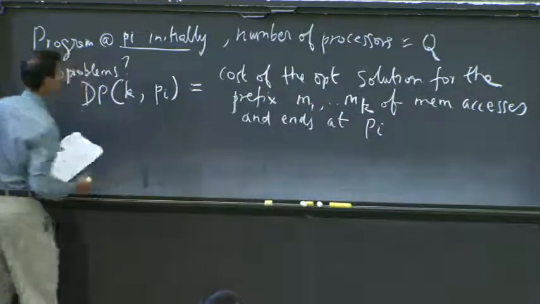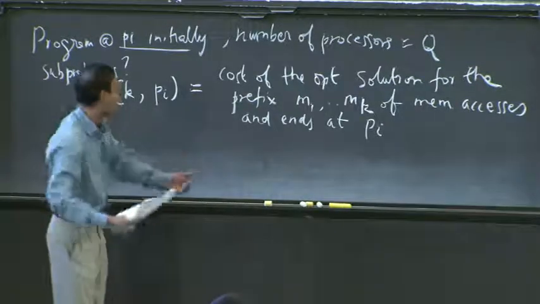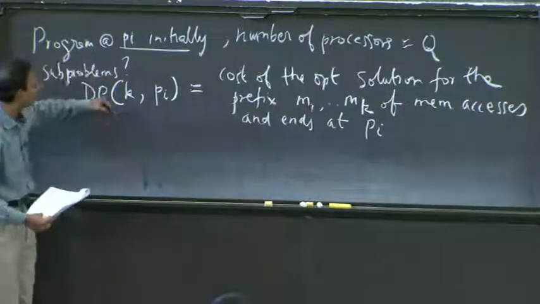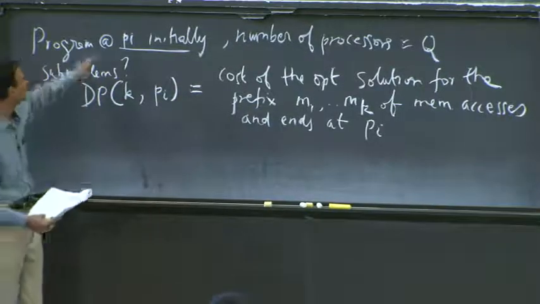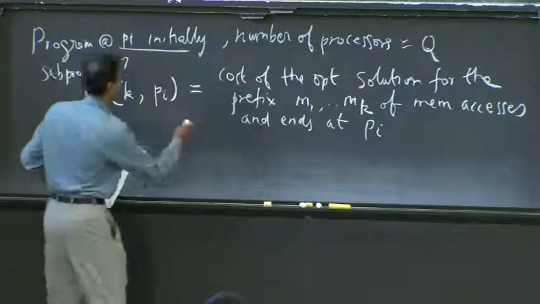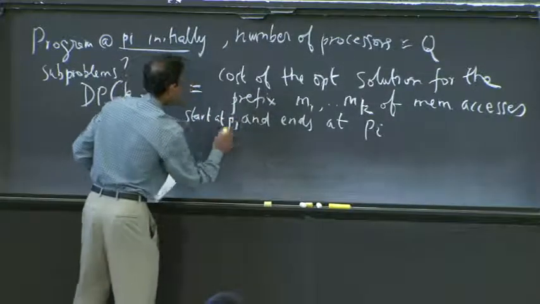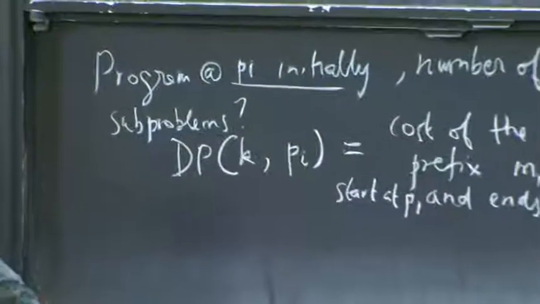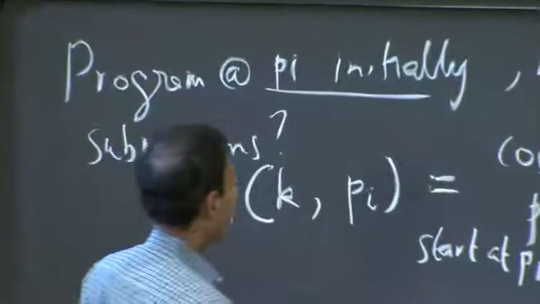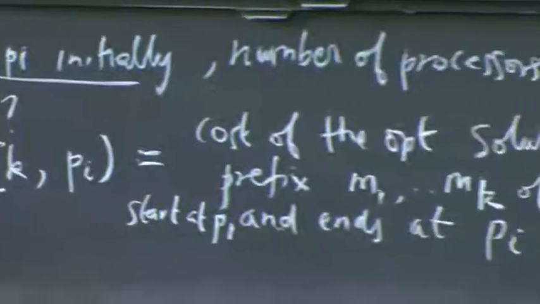So that's my subproblem. I want to know, as I build this up, what is the optimal way that I'm going to choose between migrations and accesses for the first k memory accesses, assuming a starting point at P1 and ending at some Pi. And I need to build up these subproblems, and I want to grow them. Okay? So let's go ahead and set this up.